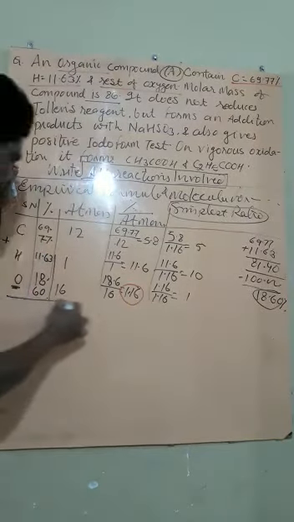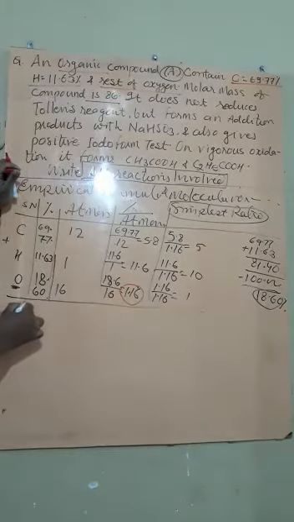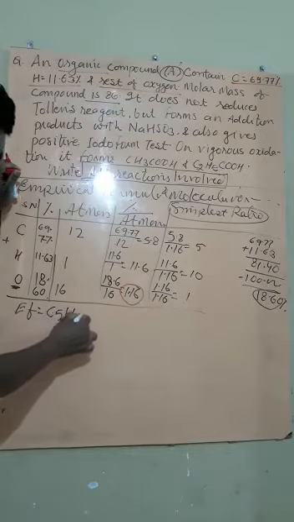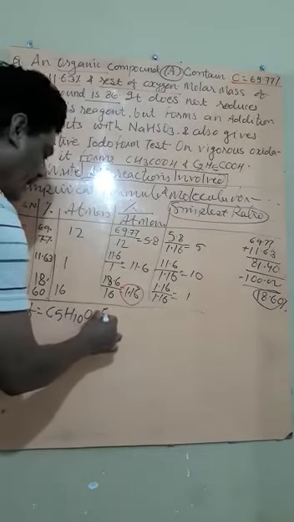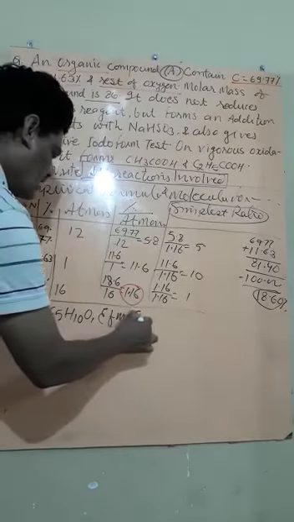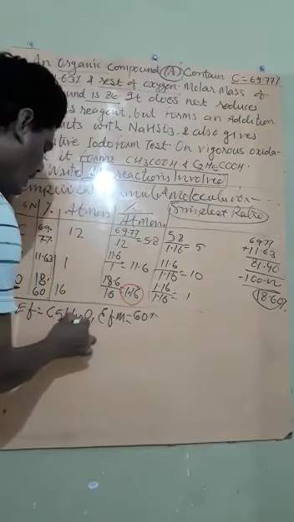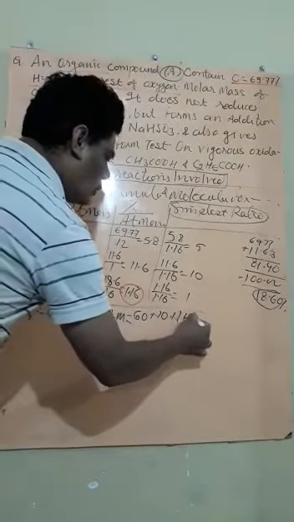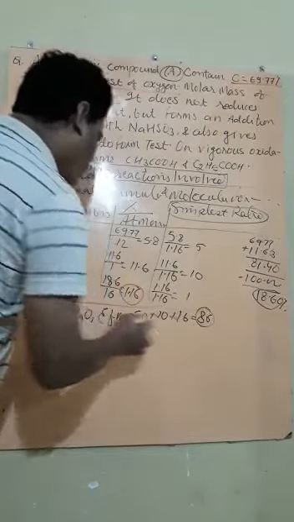That means, student, the empirical formula becomes C5H10O, and the empirical formula mass is 12 into 5, which is 60, plus 1 into 10 plus 1 into 16, equal to 86. So this is the empirical formula mass.